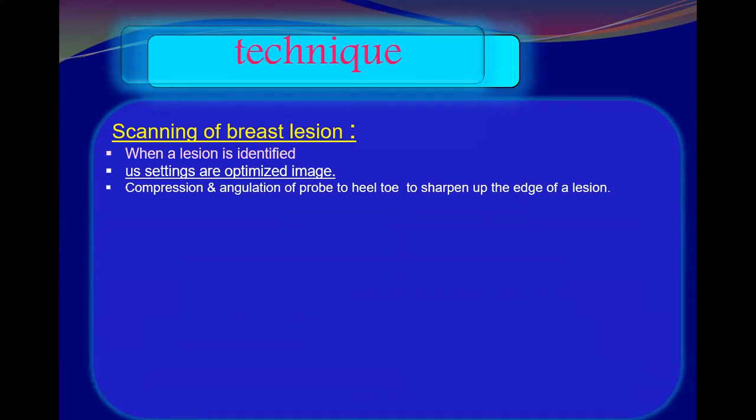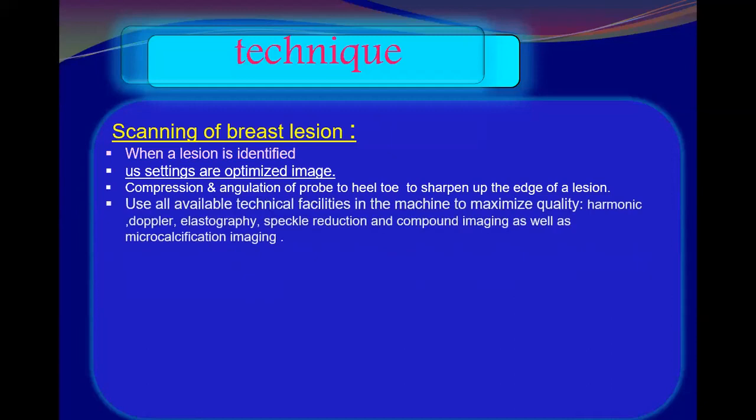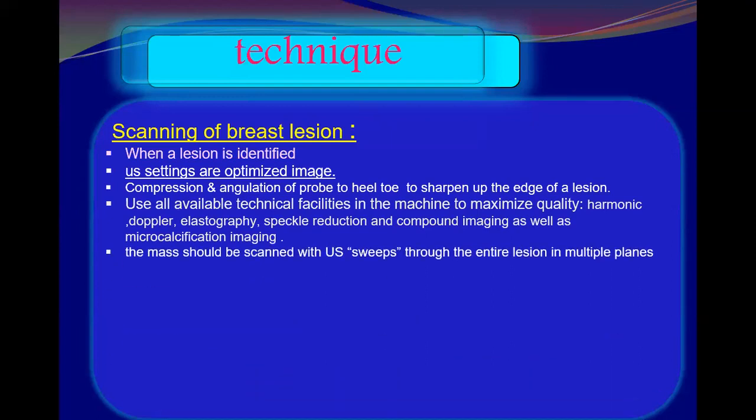Then we have to use compression and angulation of the probe to sharpen the margins, and use all facilities to maximize image quality and to sweep throughout the entire lesion in multiple planes, to make sure it is a true lesion and to evaluate the lesion itself, especially its margins.